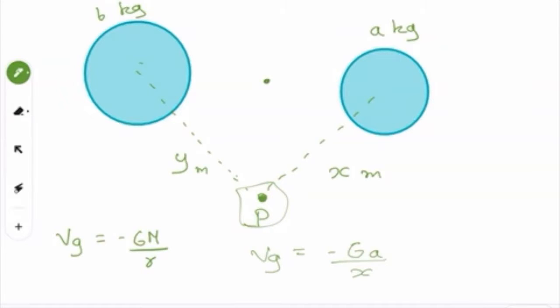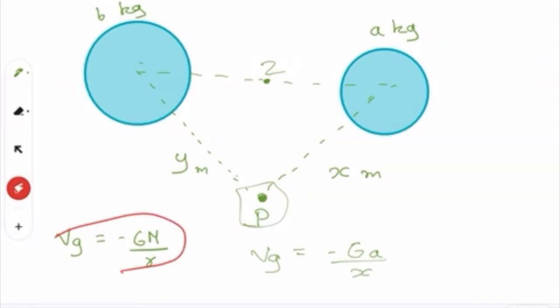I think a better way to visualize it would be to take a point here, say let's call this point C. Now if you were to calculate the gravitational potential at point C, you would use this exact formula and just substitute the values.